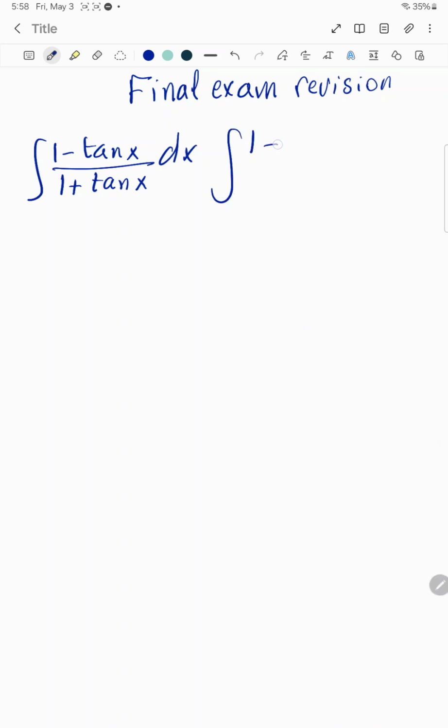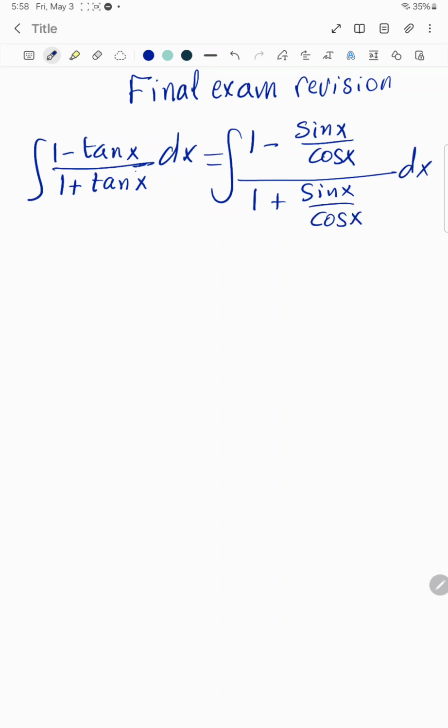So I can write 1 minus, I know tan is sine x divided by cosine x, and then there is this division by 1 plus sine x divided by cosine x dx. So now I will have a common denominator in the numerator and a common denominator in the denominator.